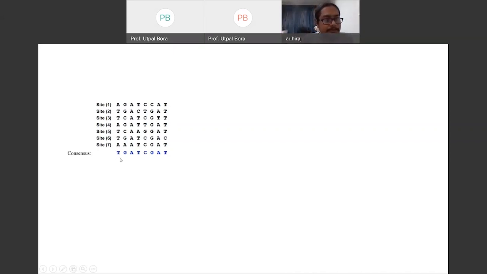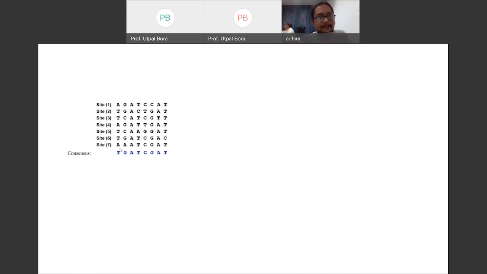At the first position, it is given as T. There are four T's and three A's, but still it's given as T. That doesn't mean that if there is an A, it will be a mistake. So to accommodate A over there, we need to assign some weight to A as well. Although this is the consensus sequence, some weight should be given to A.